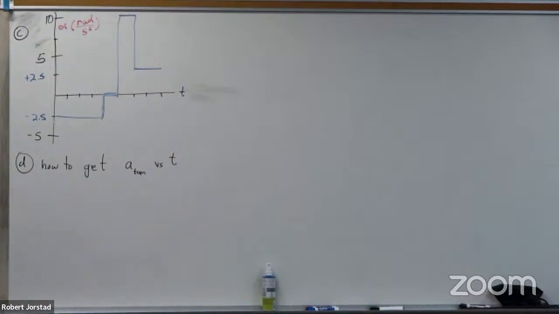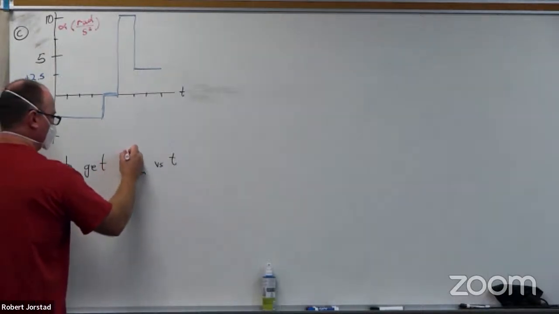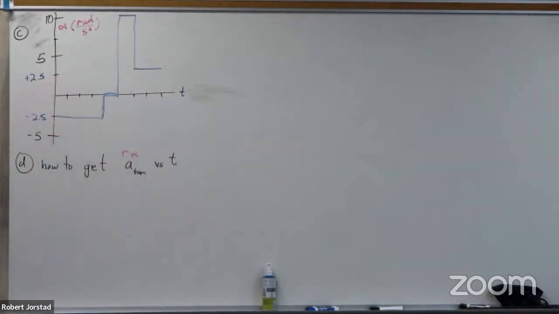What's the equation for A tan? R alpha. So how would you get it? Just multiply everything up there by the radius. Yeah.